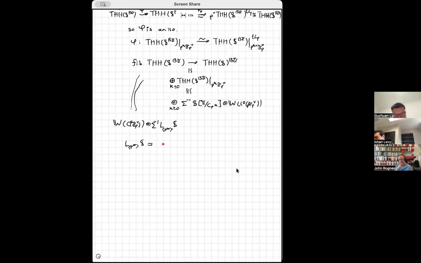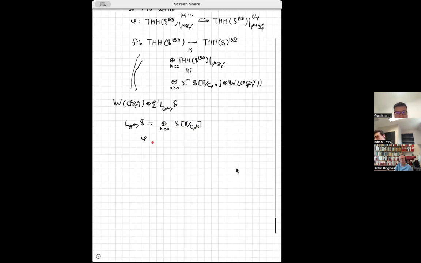The underlying circle equivariant spectrum is just the sum over k greater than or equal to 0 of the circle acting at speed p to the k. So this is the underlying circle equivariant spectrum, and then the Frobenius map is exactly the direct sum of the maps that identify this with the next one, T_{C_p}.